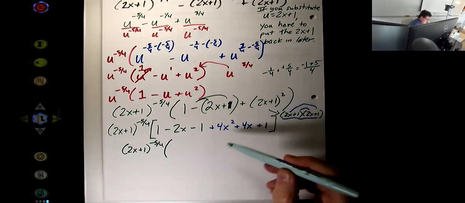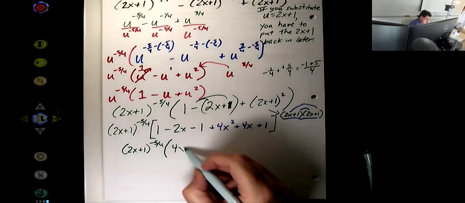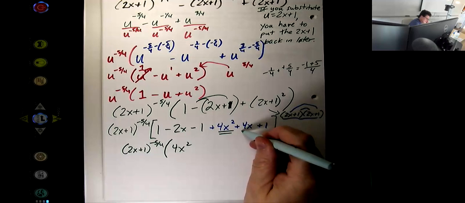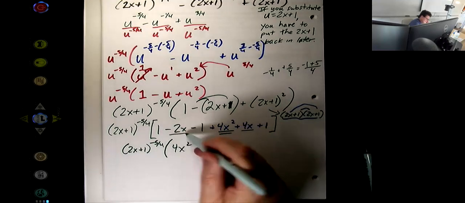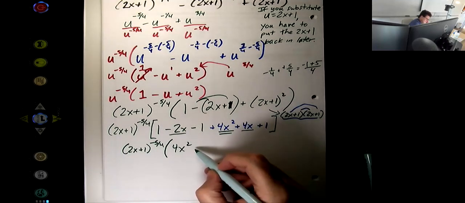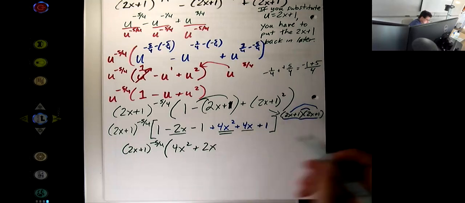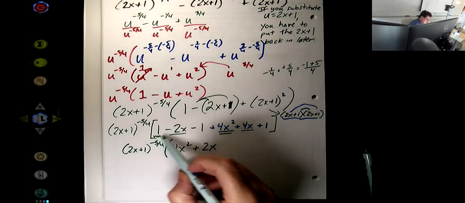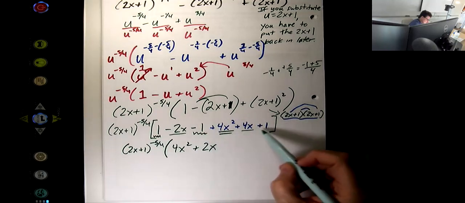Looks like I have a 4x squared. The things that have an x, I have a 4x and the negative 2x. 4 minus 2 is 2, so we have plus 2x. And then I've got 1 and negative 1, those cancel out, and then I've got plus 1 more.